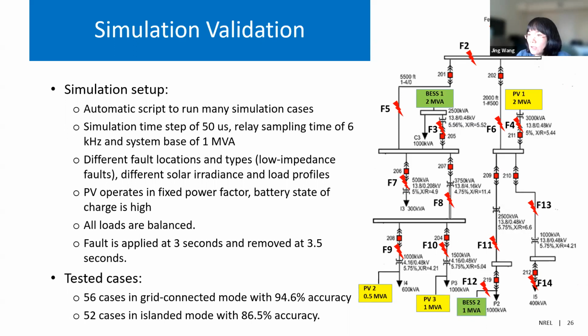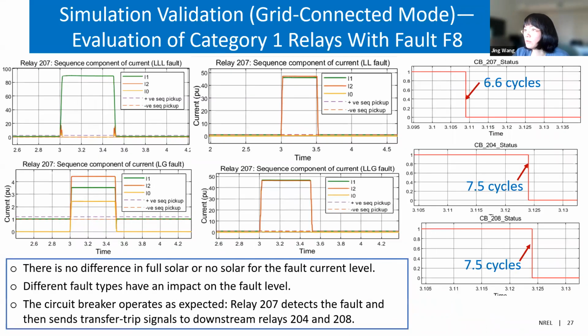For your interest, we put a few simulation results as shown here. Let me move this. We start with grid connected mode, and test category 1 with fault 8. We can see we actually run with different solar irradiance. We realize because it's grid connected, the fault current from the grid is dominant.